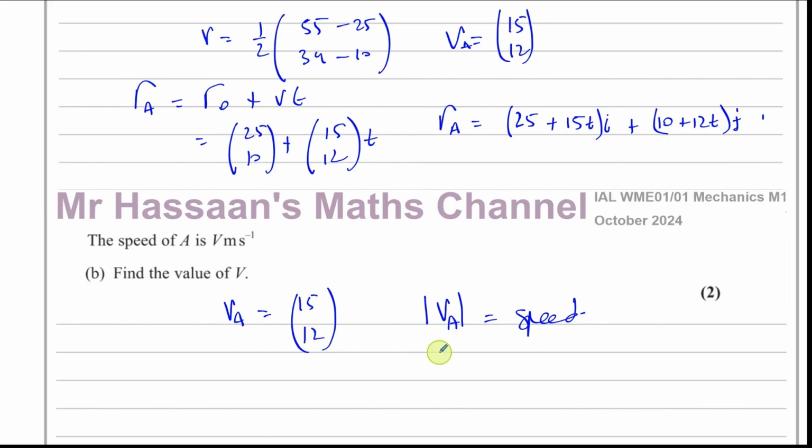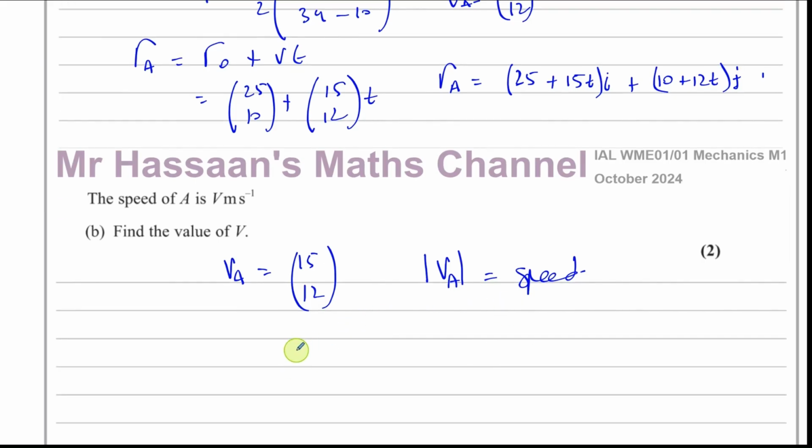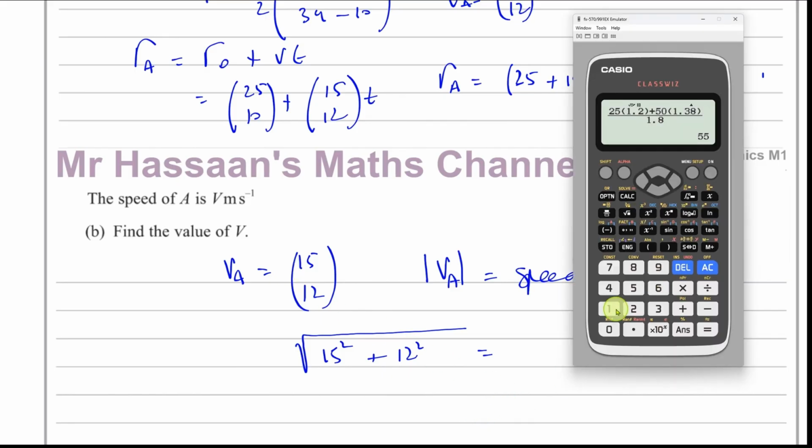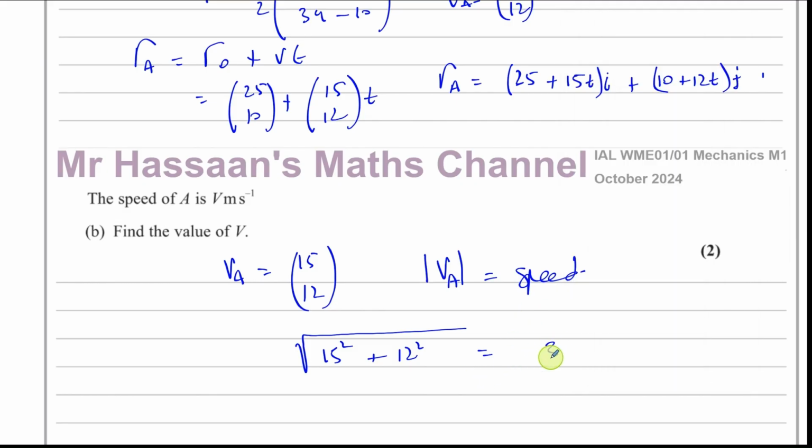So it's the square root of 15 squared plus 12 squared, which gives us 3 root 41.